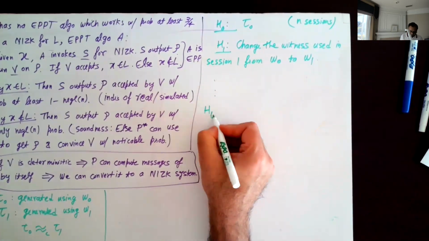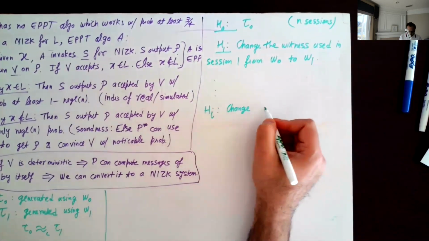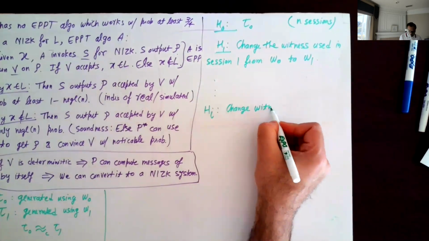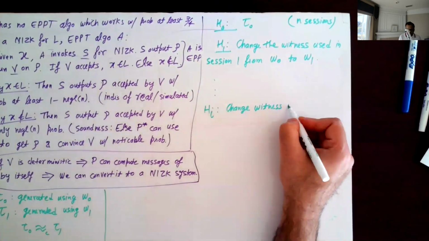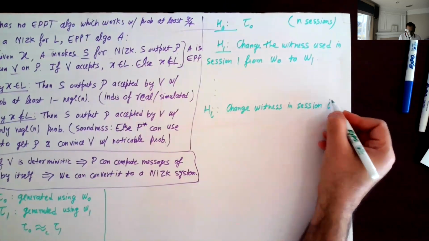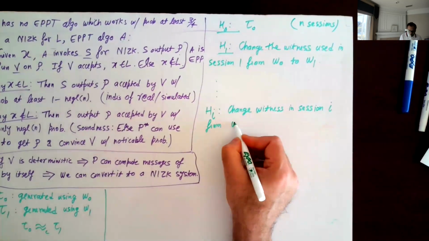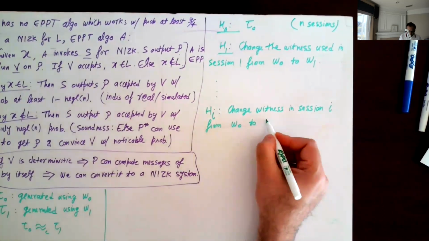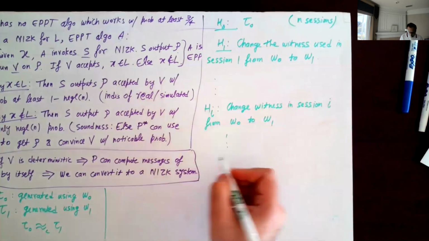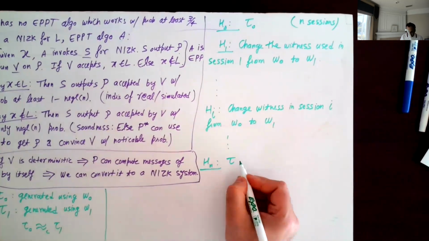In hybrid i, change the witness in session i from W0 to W1. And then hybrid n will be your transcript tau 1.